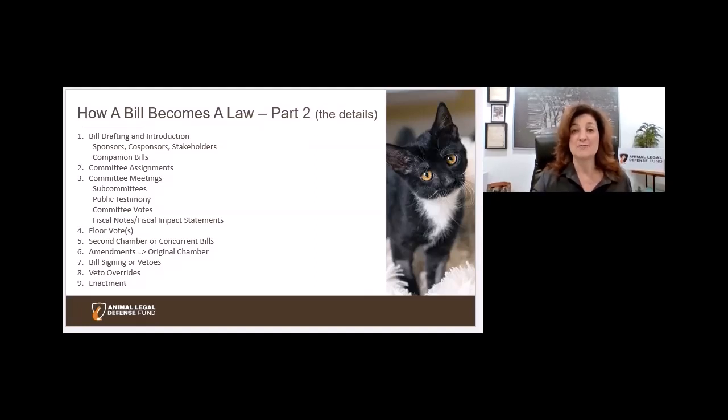Now, once you have both chambers and floor votes, the bill then goes to the governor. It would be wonderful for a governor to sign a bill. However, if the governor does not approve of the bill, he or she may veto it. In the event of a conditional veto, the governor may return the bill with a message explaining the line item objection and suggest amendments.